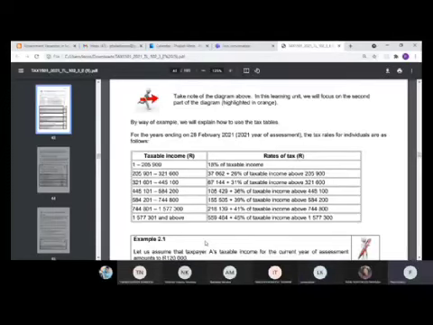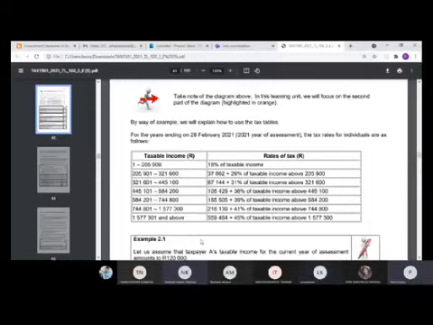Do you all agree? Look at the figure on that line item, the last figure, where it shows 37,062 plus 26% of taxable income above 205,900. So you'd say 210,000 minus your 205,900. And then you multiply that by the rate factor there.